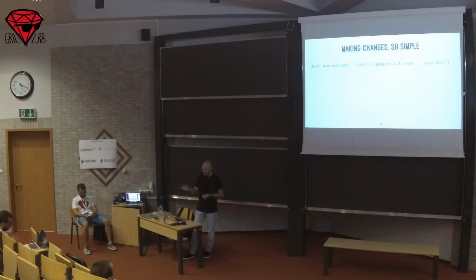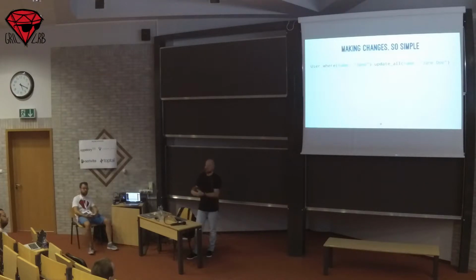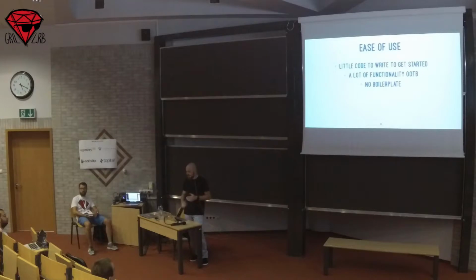Same with making changes to your data. I actually specifically did not use an example of instantiating a user, mutating it, and saving it back to the database because it's awful. But Active Record does provide various ways of making changes to your data in a very simple way, just one line of code, again. So this is really about the ease of use.